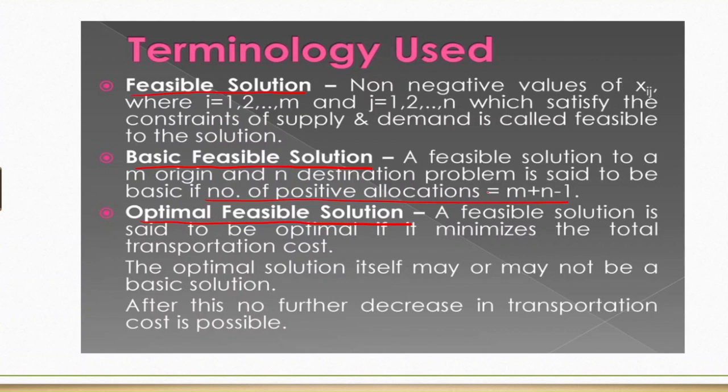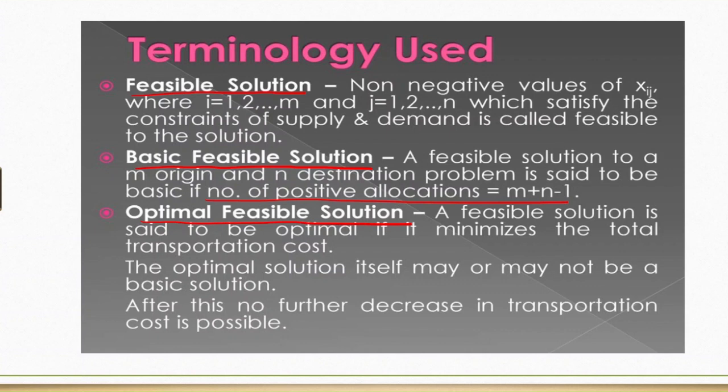The basic feasible solution is again of two types, the degenerate and the non-degenerate basic feasible solution, which I'll discuss in the next slide. Now the optimal solution is the feasible solution which satisfies optimality, that is, minimizes the total transportation cost.